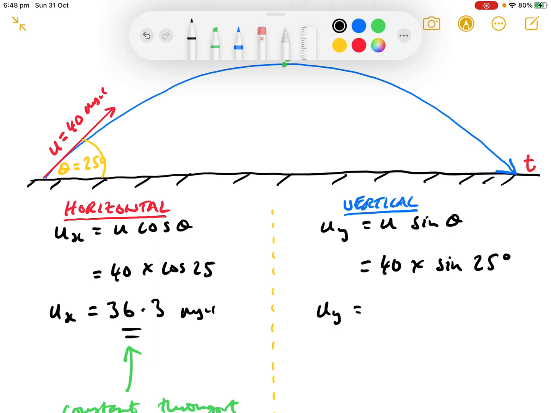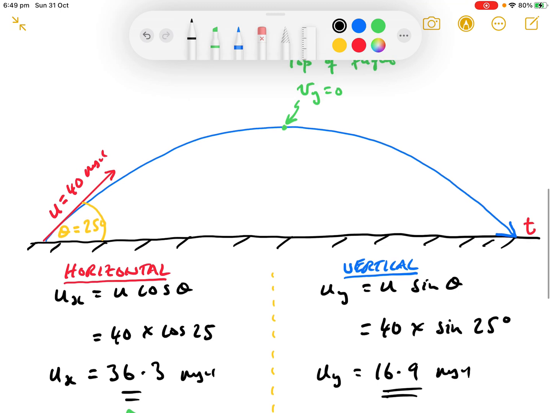And that's an initial vertical velocity of 16.9 meters per second. Now that's the launch velocity in the vertical.